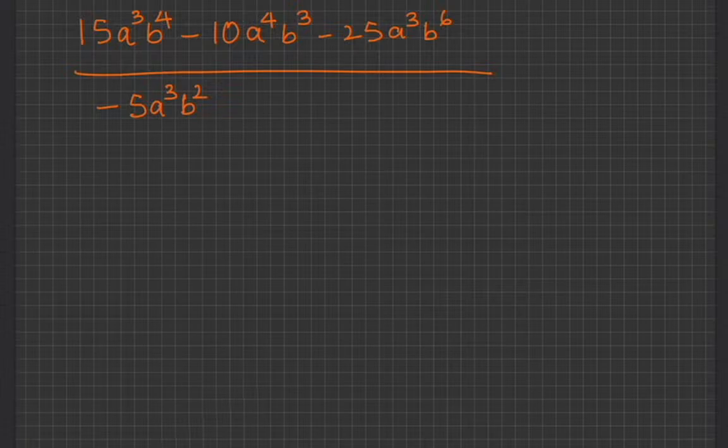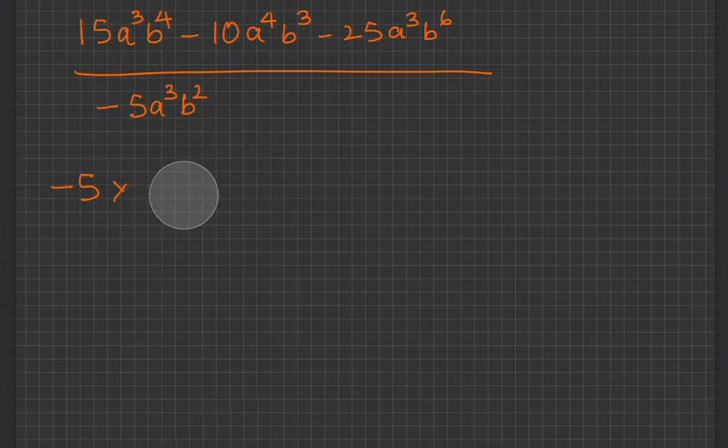So I have a negative 5, which is my denominator or the divisor, and I'm going to divide 15 by negative 5. So I know that negative 5 times negative 3 is 15.